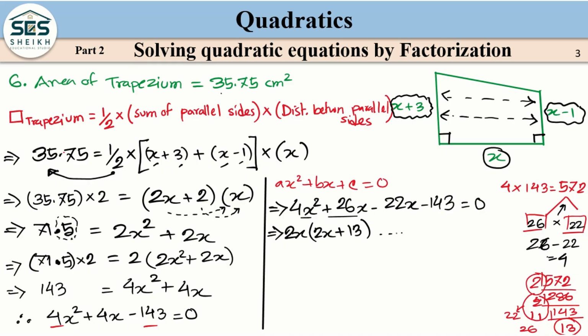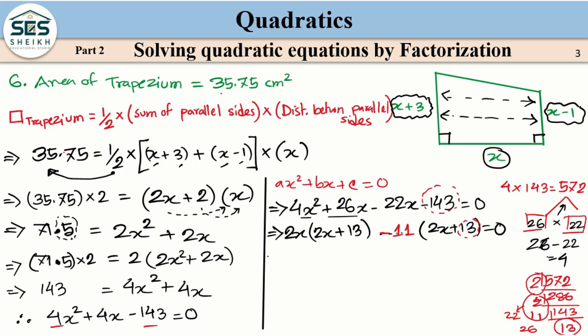So we will keep a little bit of space here and we will write 2x plus 13 equals 0, and we will simply divide this 143 by our 13. So we have here 11 and the answer is negative, so minus 11.